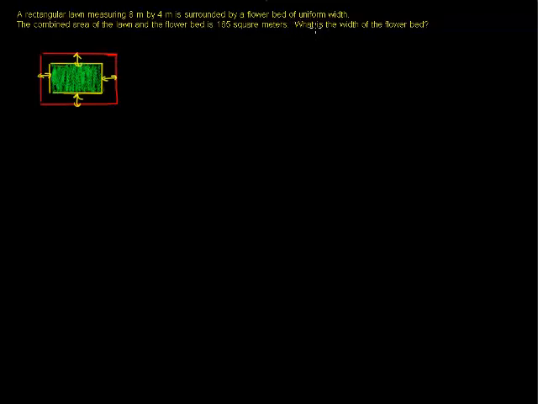So since we're trying to find the width of the flower bed, we can let x represent the width of the flower bed. Each of these dimensions is x because the border is of uniform width.